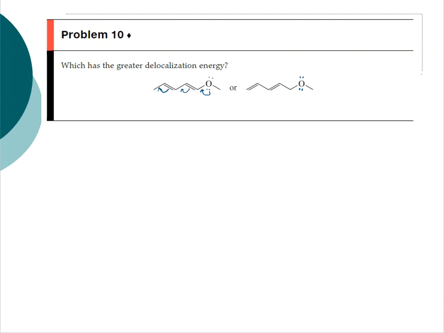Over on the right-hand side, do we get that? Well, if I look at my free pairs, my free pair is not next door neighbor to a double bond or a positive charge or anything like that. So in this particular example, this oxygen with the 2 pairs of electrons really doesn't take part in delocalization. It's too far apart. But delocalization can happen.